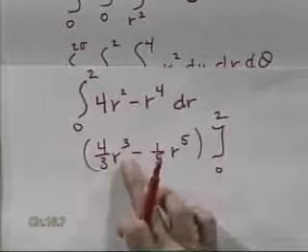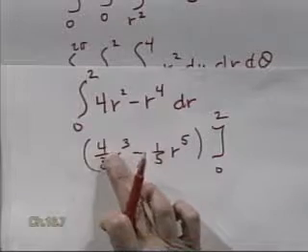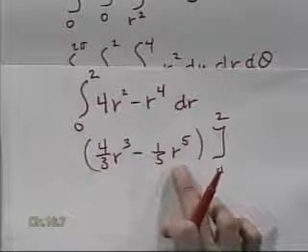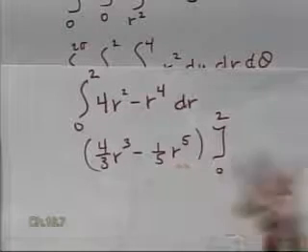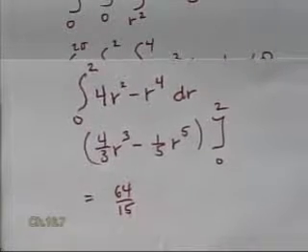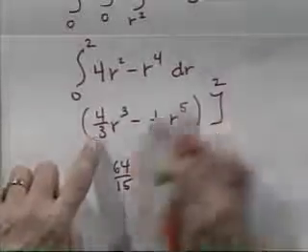You're going to plug in a 2 and you're going to get 32 thirds minus 32 fifths, but I've already done it before, and we end up with 64 fifteenths. I don't feel like taking the time to put it on the calculator, but you're just putting in 2 minus putting in 0.